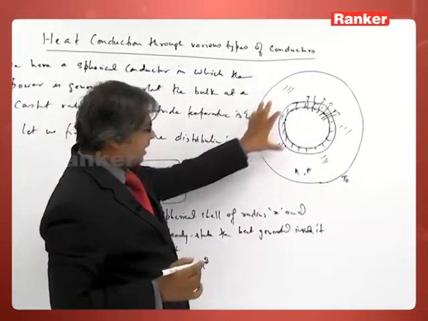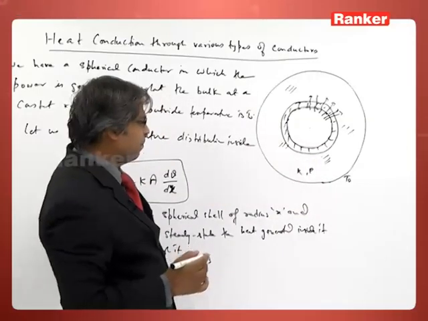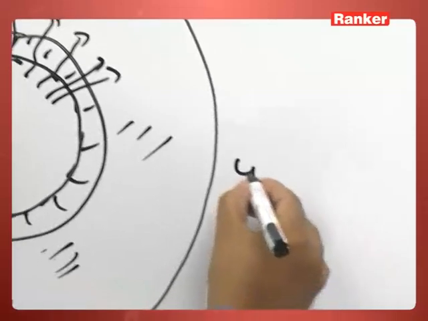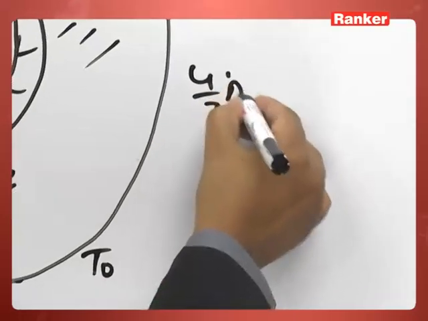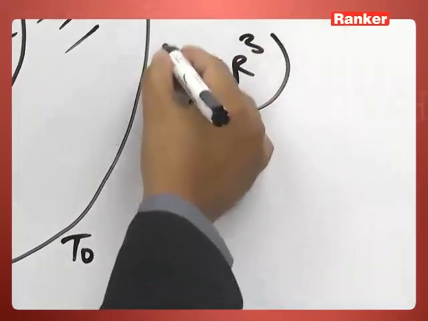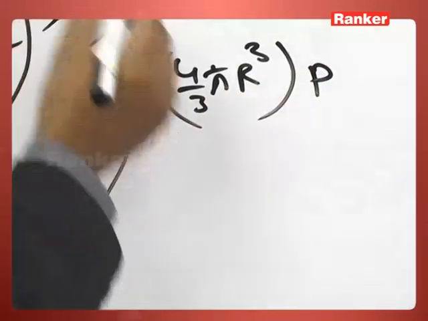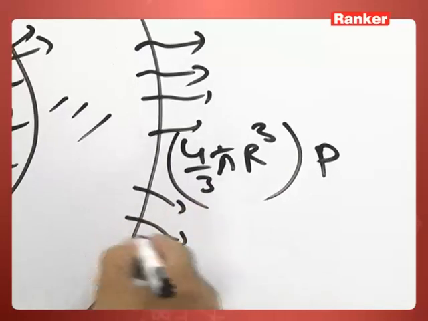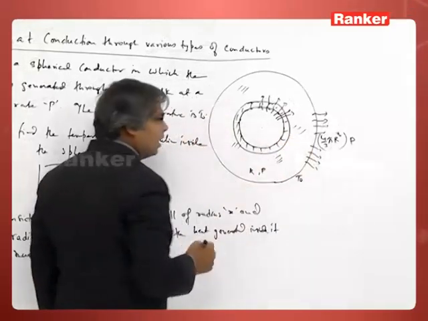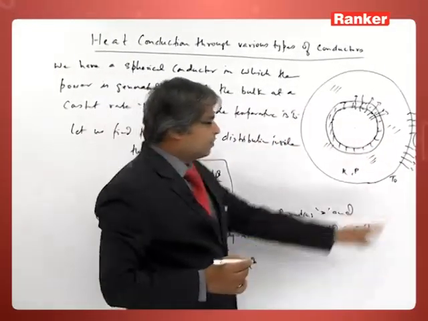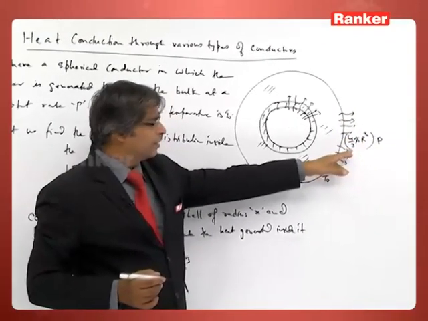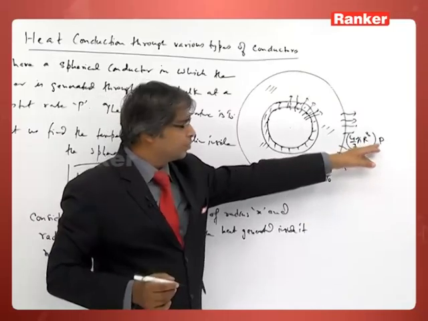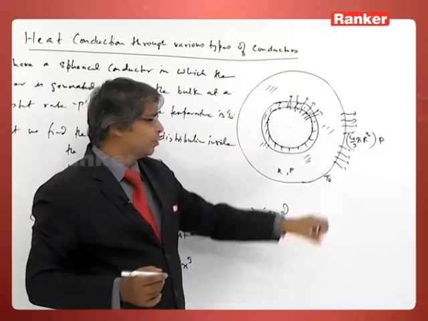Now, you see the total heat generated is equal to 4 by 3 pi r cube, this is the volume, into P. This much heat must be rejected from the outside, must be conducted from the outer surface. So, this much quantity per unit time must be transported. So, this is the power, that is the energy transported.